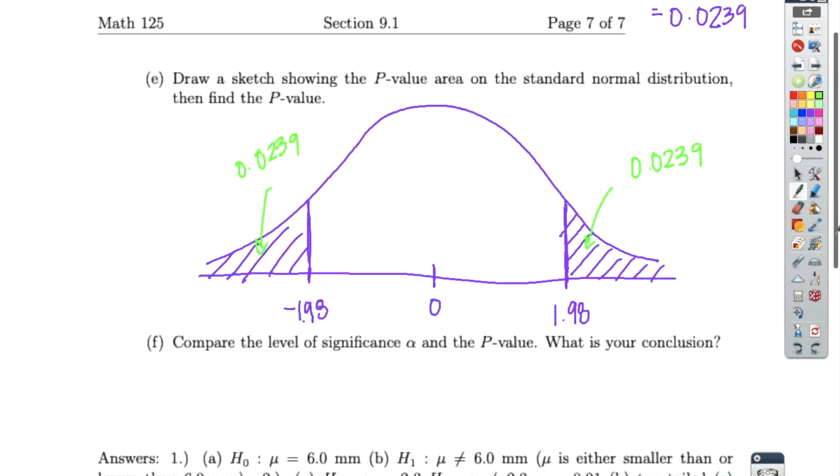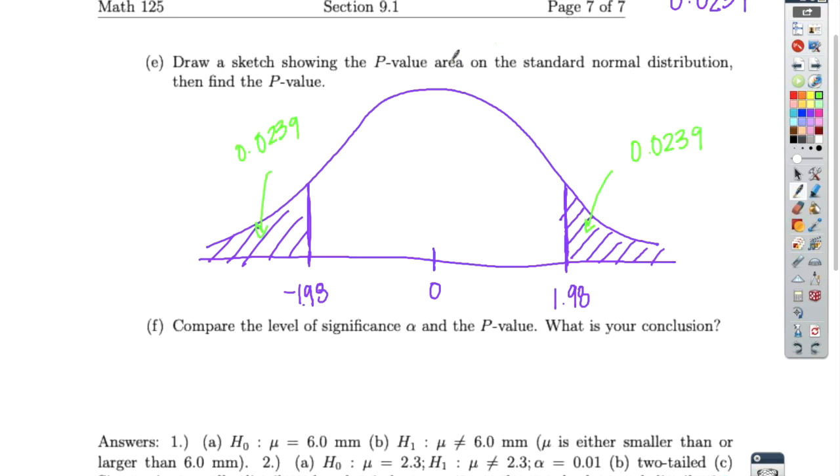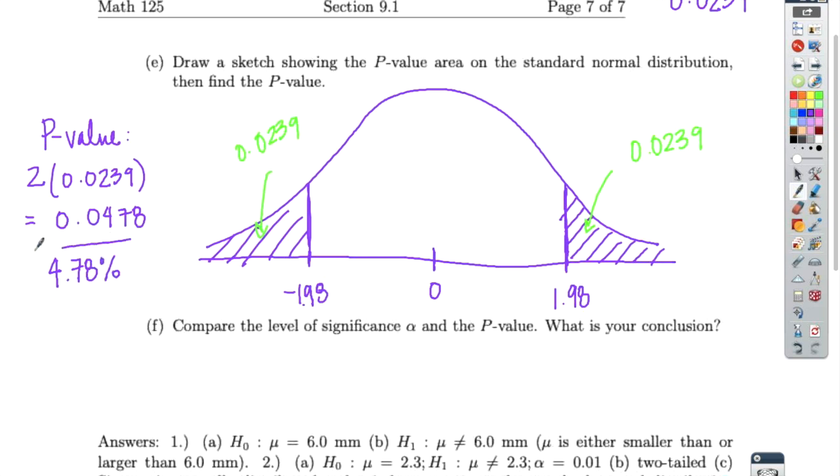Okay, so I know that the right tail is 0.0239. I know that the left tail is 0.0239 also. And so our p-value for a two-tailed test is just both of those together. So I'm just going to double 0.0239. And so when I double that, I find 0.0478. In other words, a probability, that's what the P stands for, probability of 4.78%.